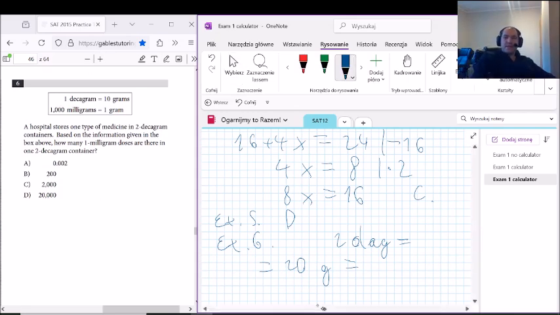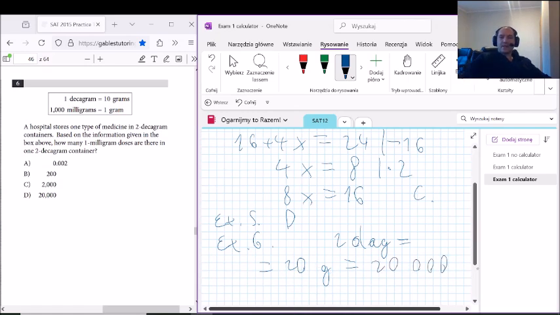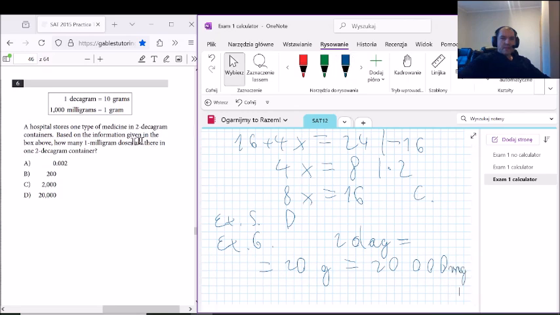So 20 grams, well, every gram is 1000 milligrams, so that will be 20,000 milligrams. How many 1 milligram doses are there in one 2 decagram container? 20,000. The answer is D.